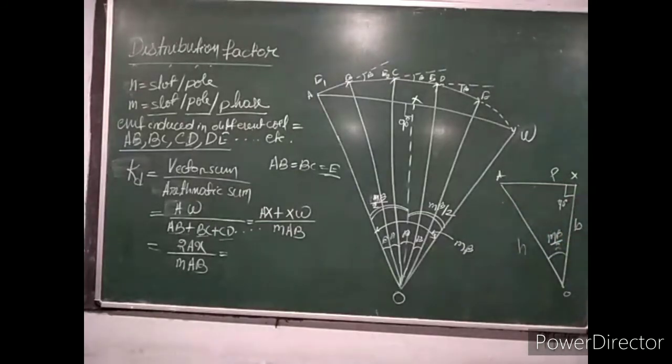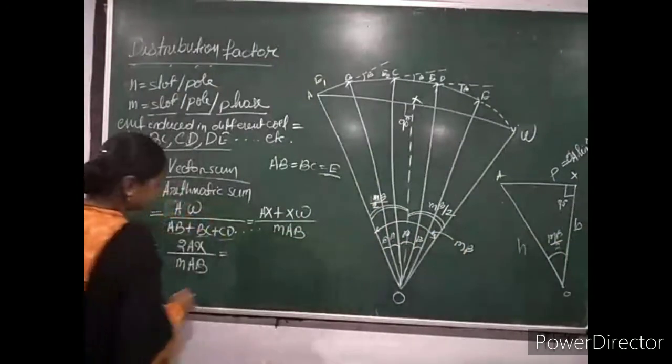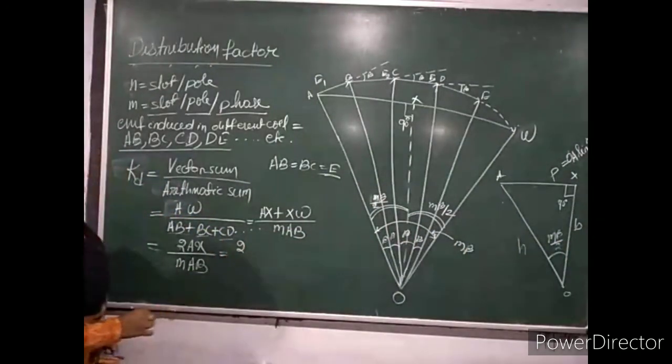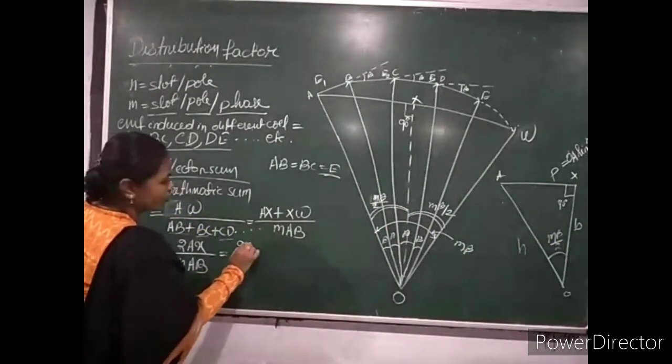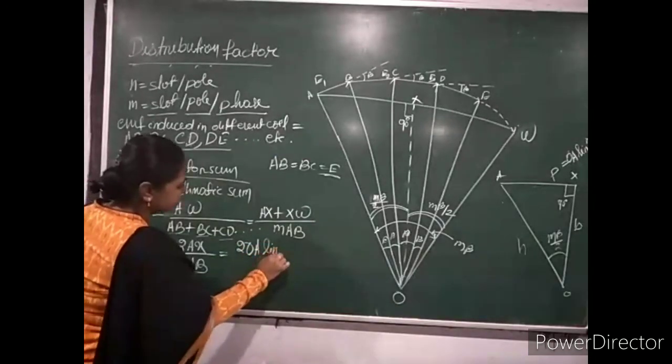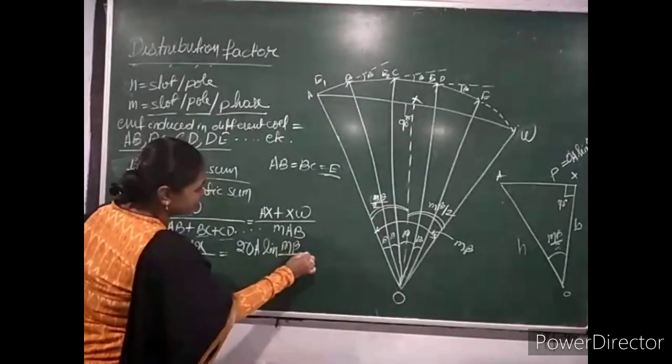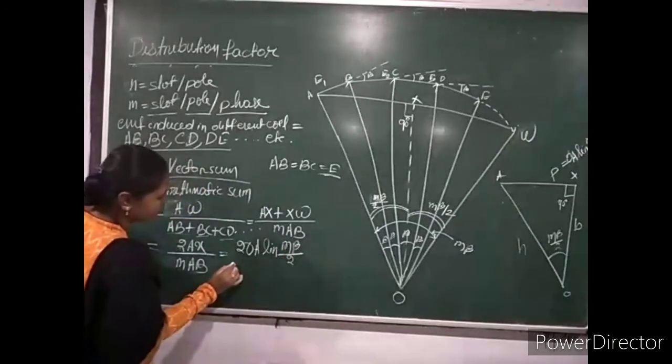AX is the sinusoidal component, its value is H sin m beta by 2. What is H? It is OA. So in place of AX I write 2 OA sin m beta by 2.